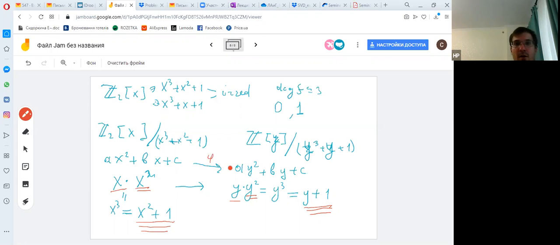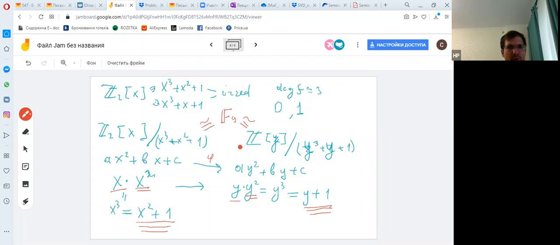But from the lecture course, we know that there is just one field with 9 elements, which is isomorphic to this one and which is isomorphic to this one. So there is an isomorphism between these two fields, but this is not it.